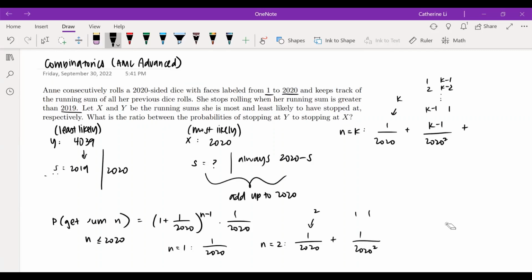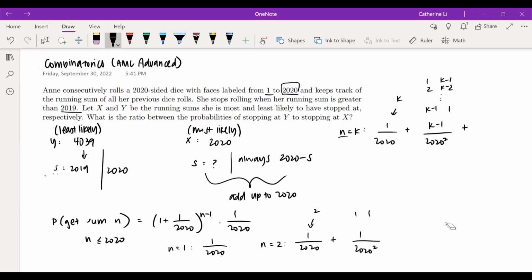Or we can split this into 3 things. And all of this is working because n is at most 2020, which is the highest roll that we can get. So now we're actually going to use stars and bars.